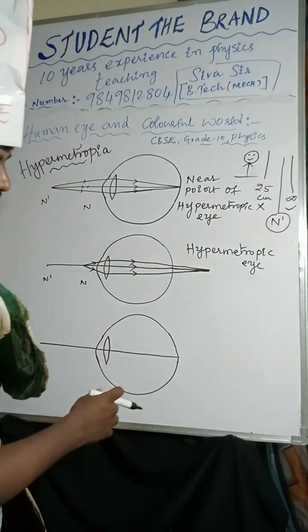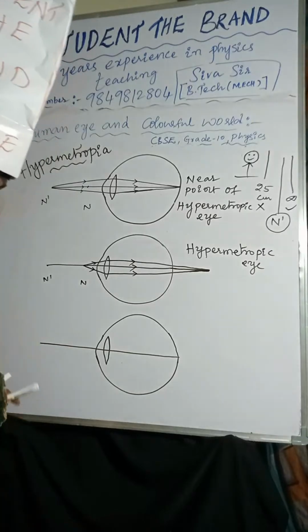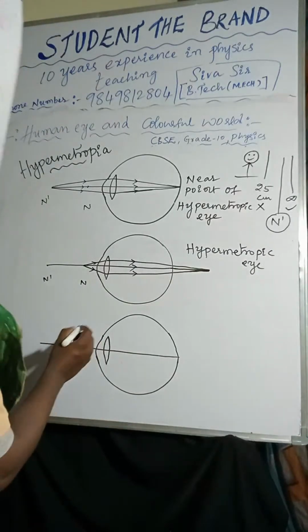Convex lens. We are using a convex lens, so I draw the convex lens in the diagram.